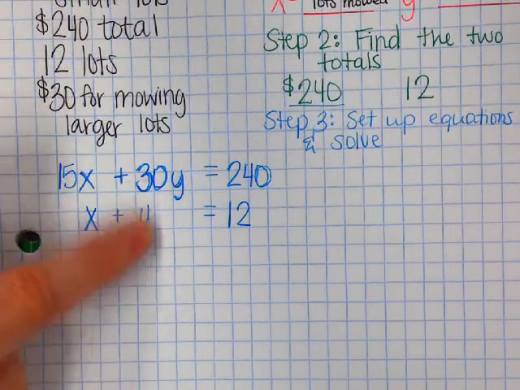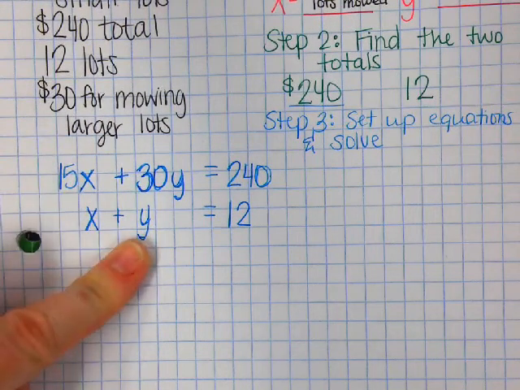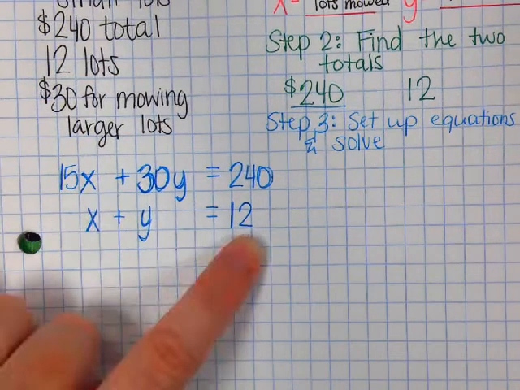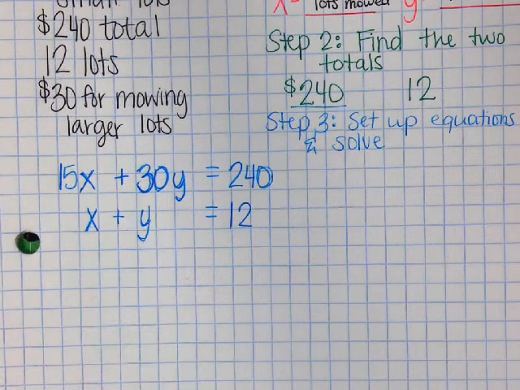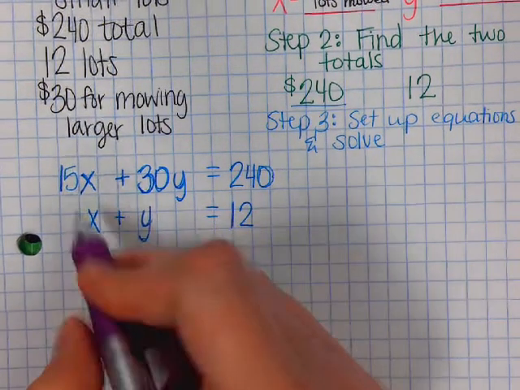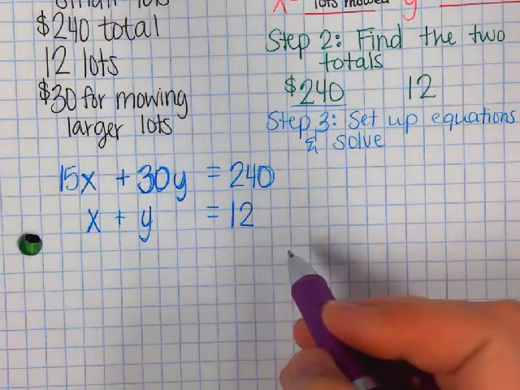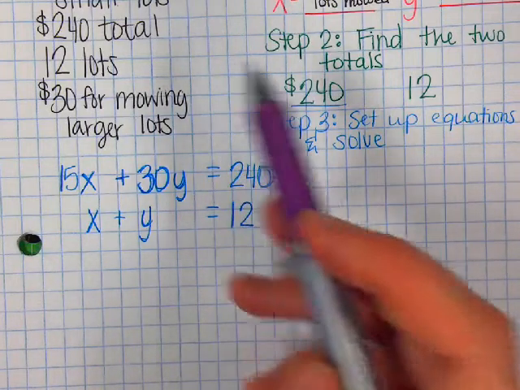Again, you can set both equations equal to y and solve it that way. You could do substitution if you wanted to move that x, or right now it's set up pretty close to elimination, so that's the one I'm going to do. But right now there's nothing that will eliminate.